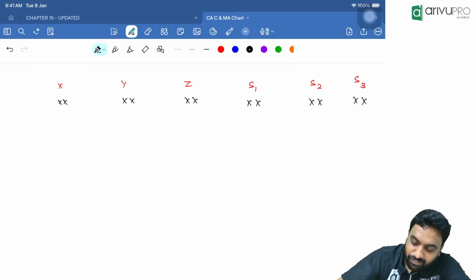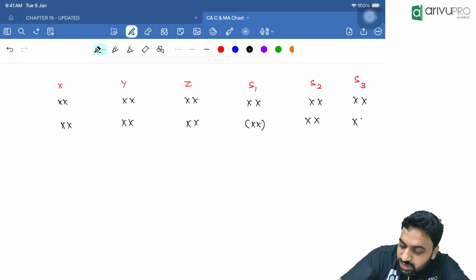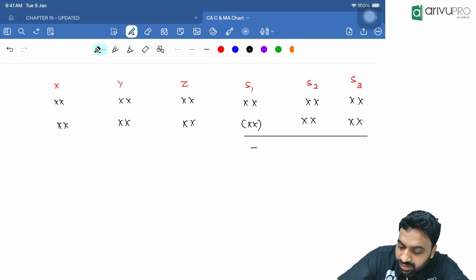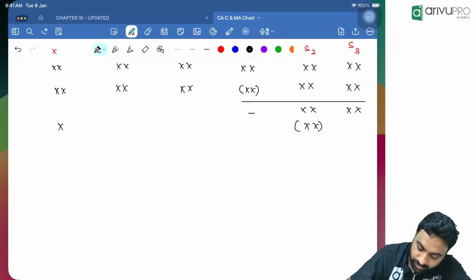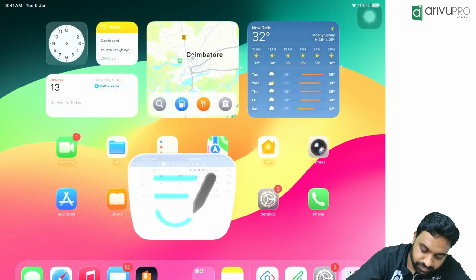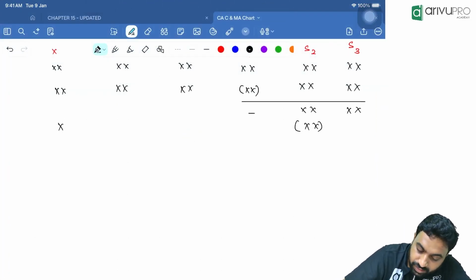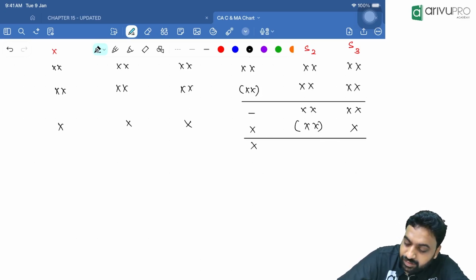Now listen. When S1 provides service to S2 and S3, I should distribute its overhead there. Now S1 became nil, S2 has some value, S3 has some value. Now S2 I will distribute to the production departments as well as S1 and S3. Moral of the story, S1 is again restored.